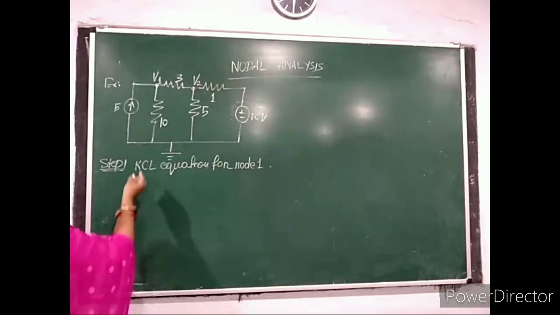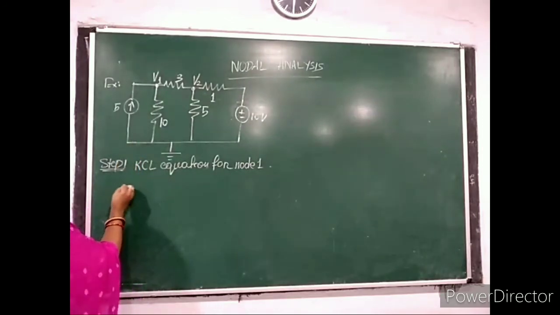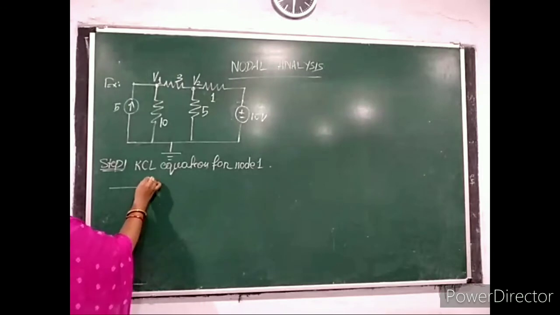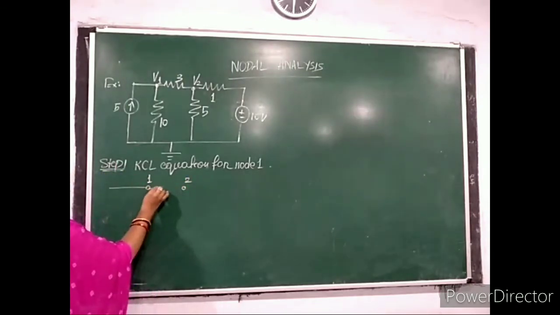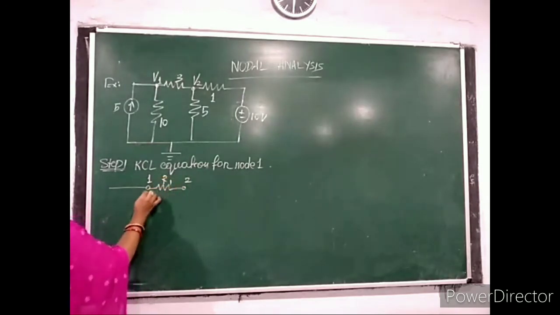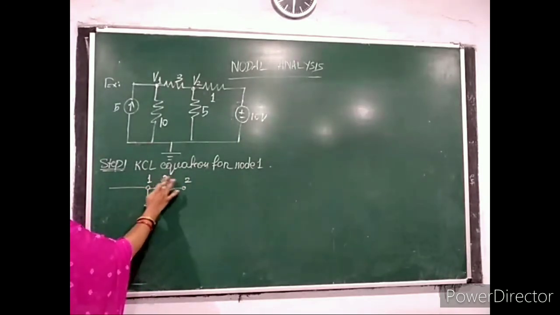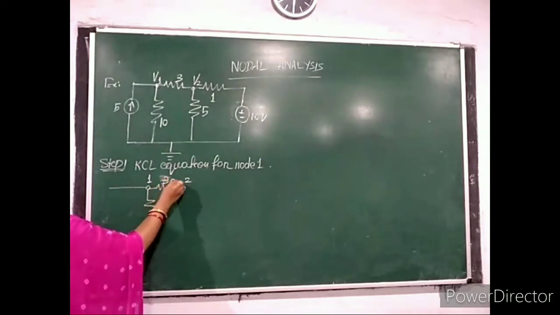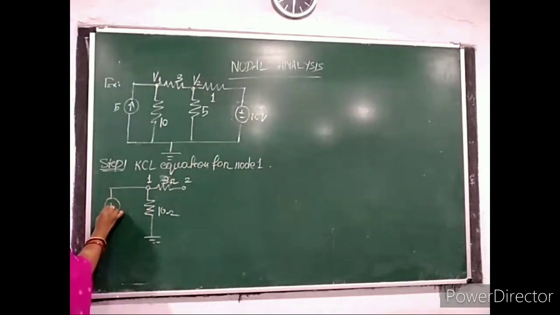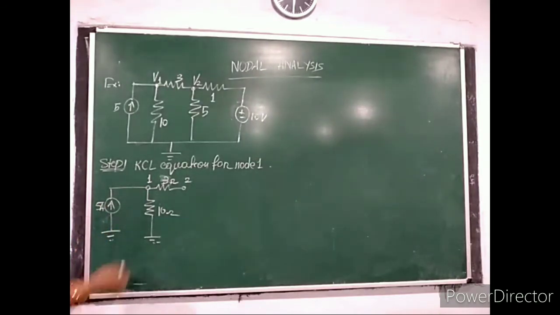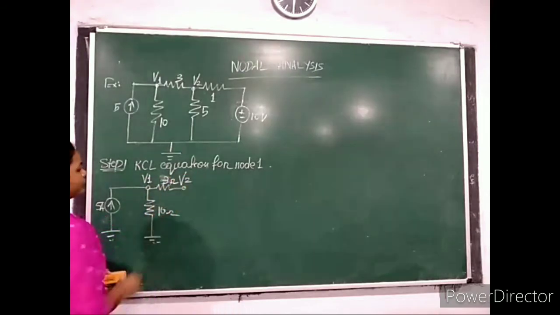The simplified circuit for step 1 is: I only consider those branches which are connected with node 1. That is 3 ohm, then 10 ohm, then the 5 ampere current source. Here the potential is V1, here it is V2.